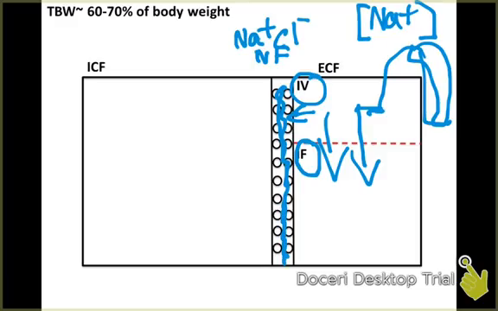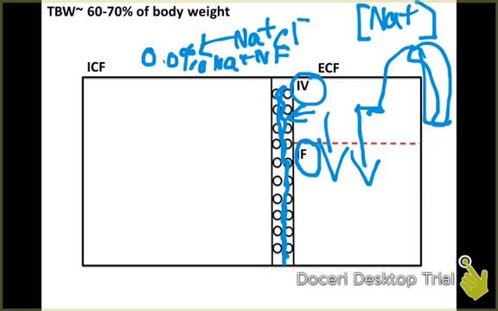So when we're trying to resuscitate someone and we want that fluid to go into the intravascular space to maintain blood pressure or make sure that we are rehydrating them acutely, what we do is we give normal saline, which is 0.09% sodium.